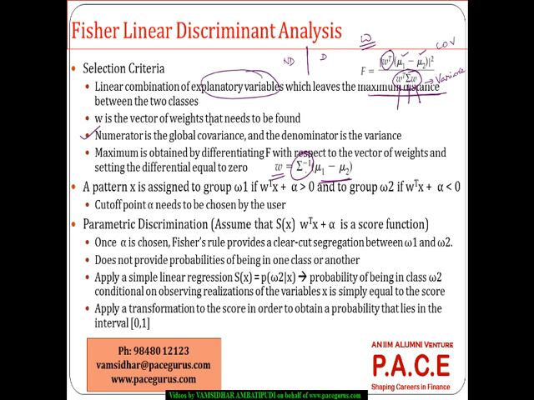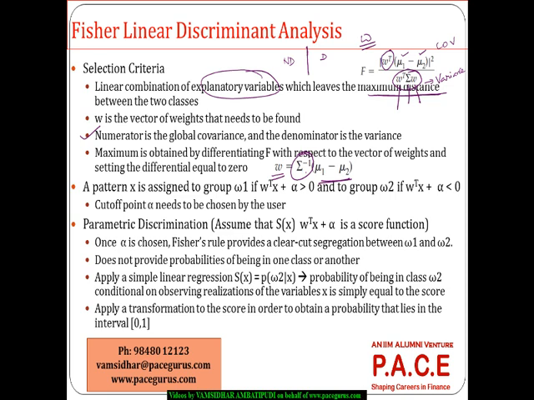Of course, we have software tools or statistical packages which are going to perform this activity for us. So all I need to know is, if I have to classify the risks into a good risk versus a bad risk, I am using the Fisher linear discriminant analysis, and the typical procedure goes in this manner.